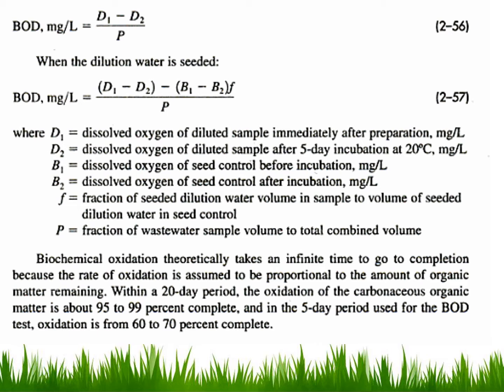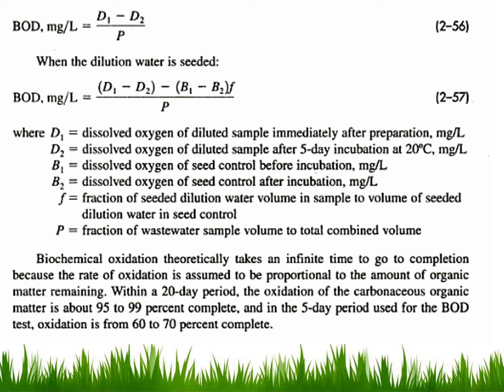During these 20 days, 99% of the organic content will be decomposed. So up to 5 days, we can get a normal trend. We can get the rate at which the BOD is being consumed, oxygen is being consumed, and then we can determine the organic content from the equation of our BOD kinetics. We will be shortly talking about the BOD kinetics.